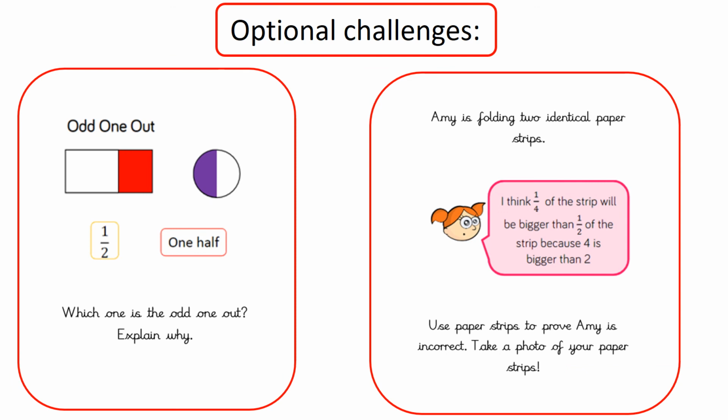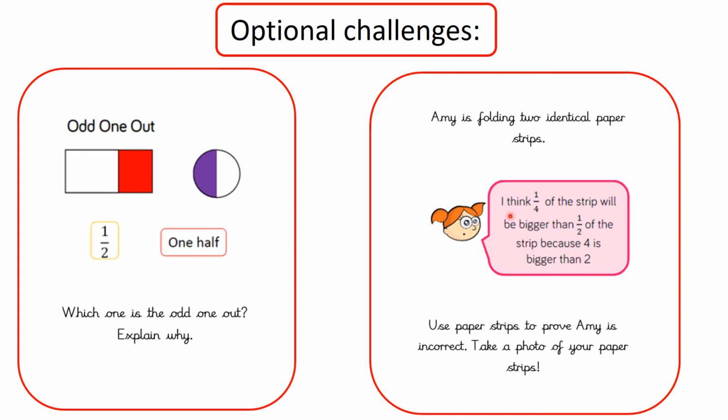So there are 2 optional challenges for you to have a go at today. The first one over here, you need to look at the shapes and the fractions and the words and decide which one is the odd one out, and then explain why. The second challenge, it says that Amy is folding 2 identical paper strips. And identical means the same, exactly the same.